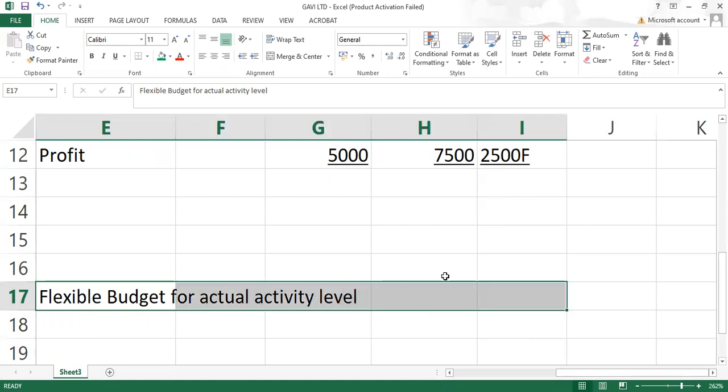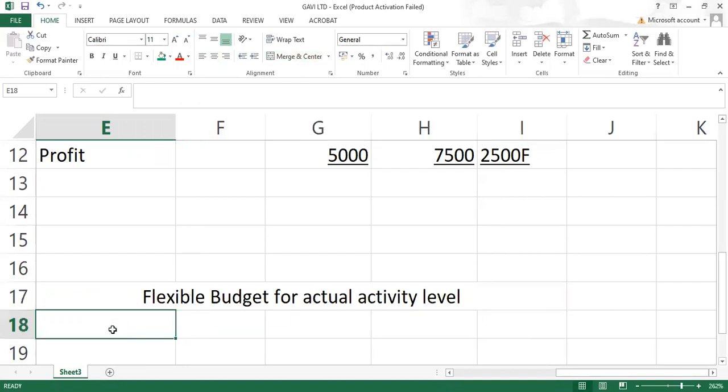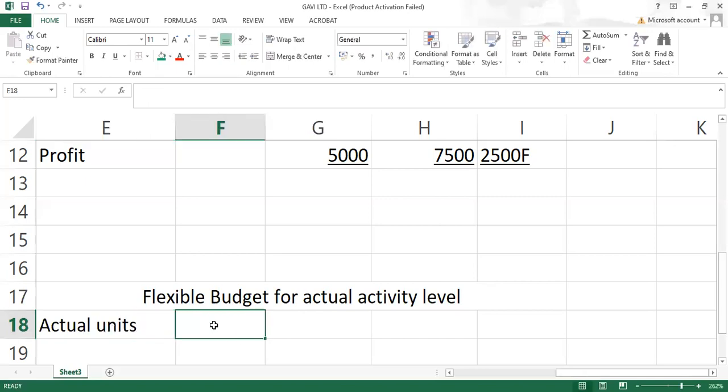Let's start again. Let me put it in a proper form. So what will come first? Output, right? Or you put actual units. Just put the actual units here. Actual unit is what? 45,000, isn't it? Okay, yes.